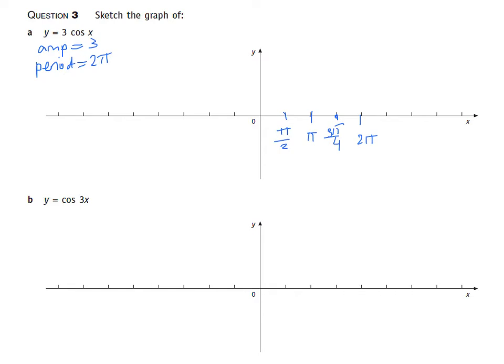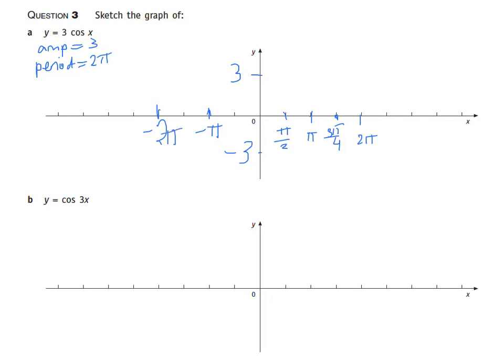Alright, our amplitude is 3, so let's make that value there 3, and the same distance down here, negative 3. And going back here, you've got negative pi here and negative 2 pi.